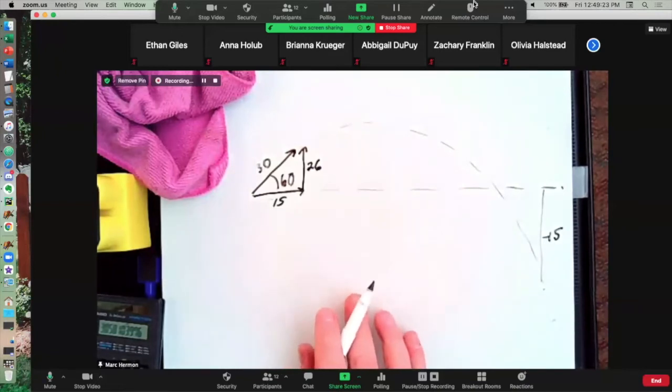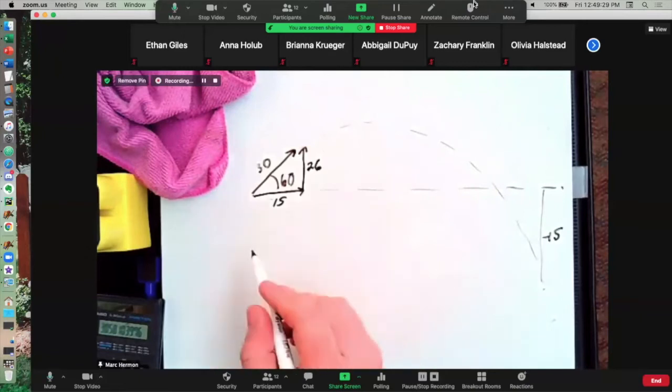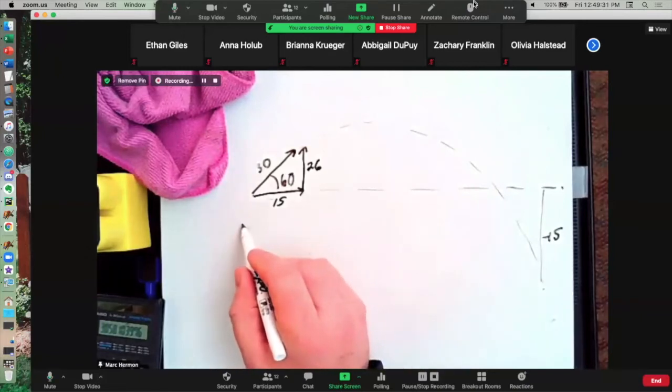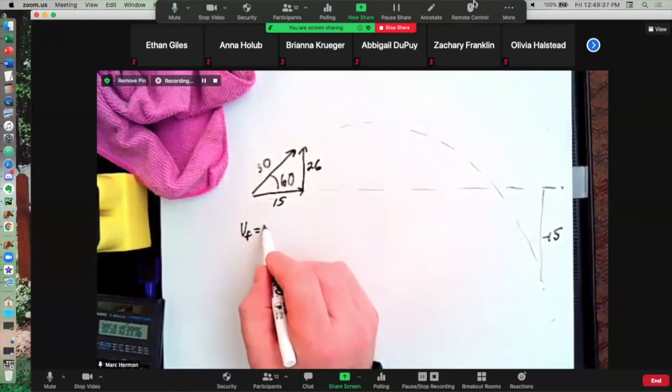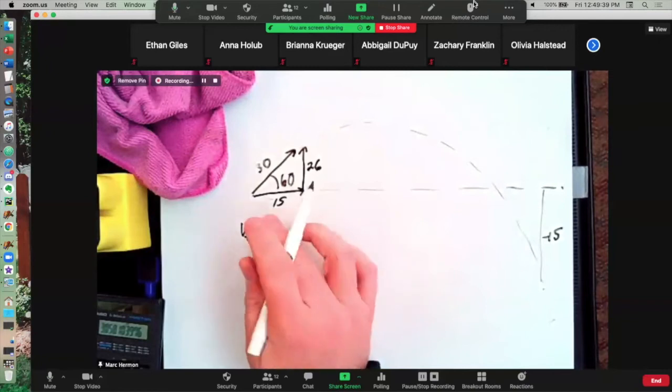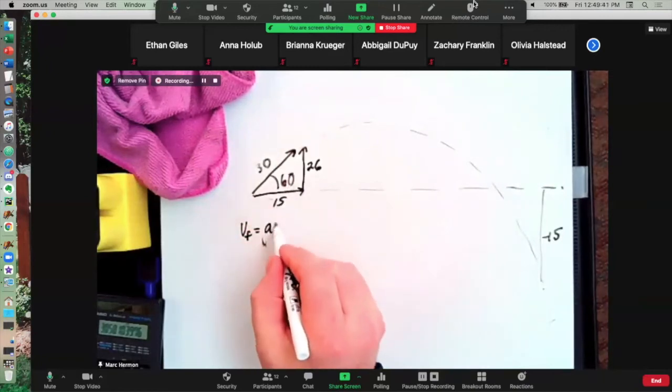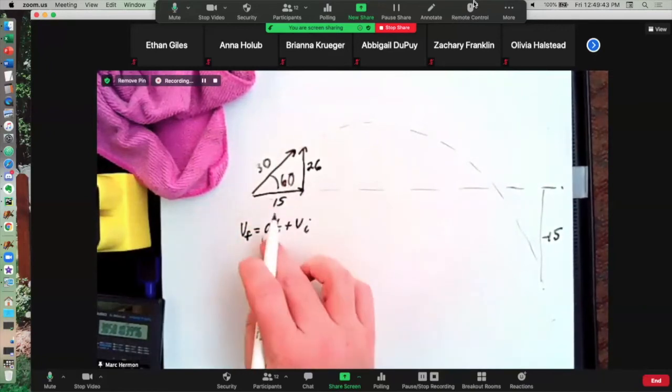Okay, so I want us to look at this for a second. I have two equations that have time in it. VF equals AT plus VI, right?